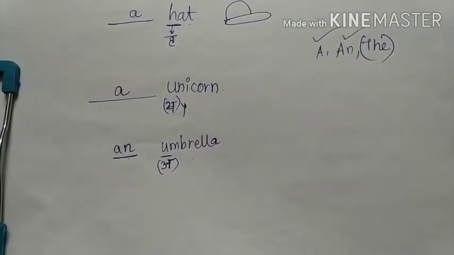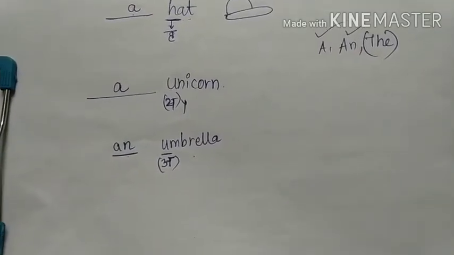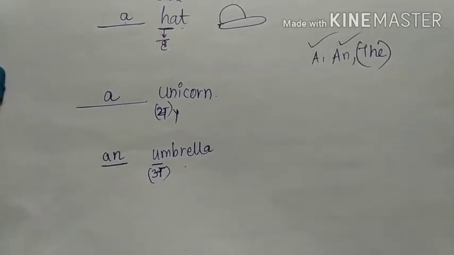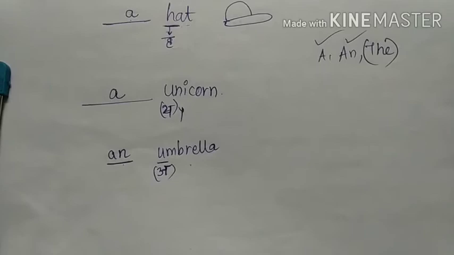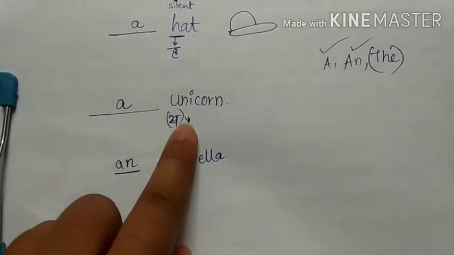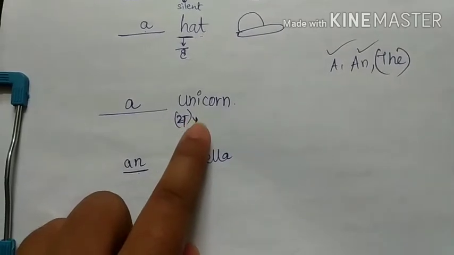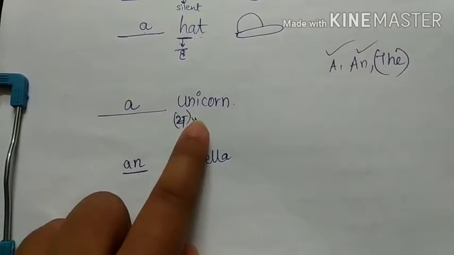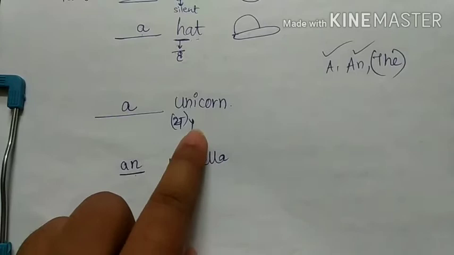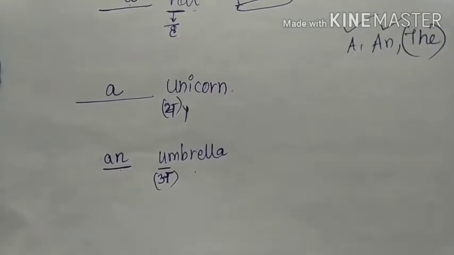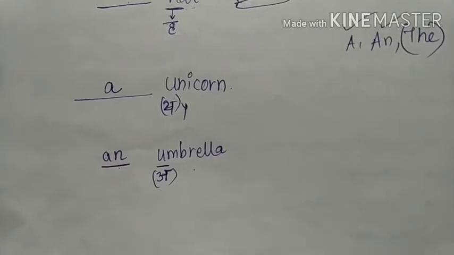Let us take some more examples. Dash unicorn. Here the vowel U has the consonant sound Y. यहाँ पे यूनिकॉर्न जब हम बोल रहे हैं तो य यानी Y का साउंड आ रहा है. The spelling is UNICORN, but the sound is of Y. Here the next example is dash umbrella.